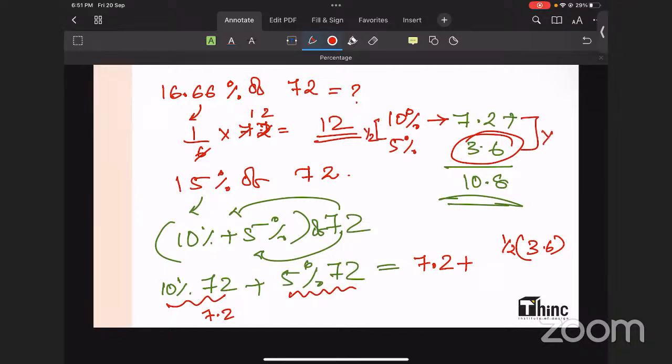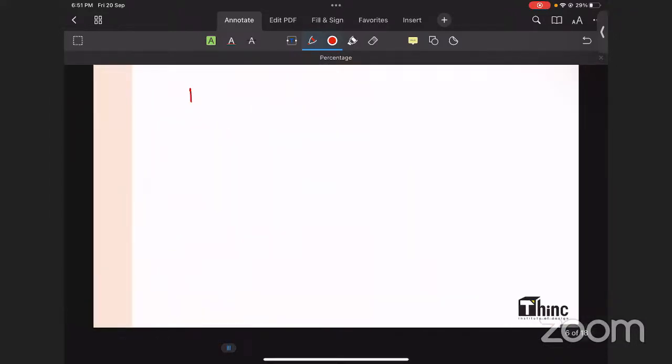So half of this particular 7.2 is enough. Half of 7.2 is 3.6, and the answer is 10.8. Let me give you another number with the same percentage.